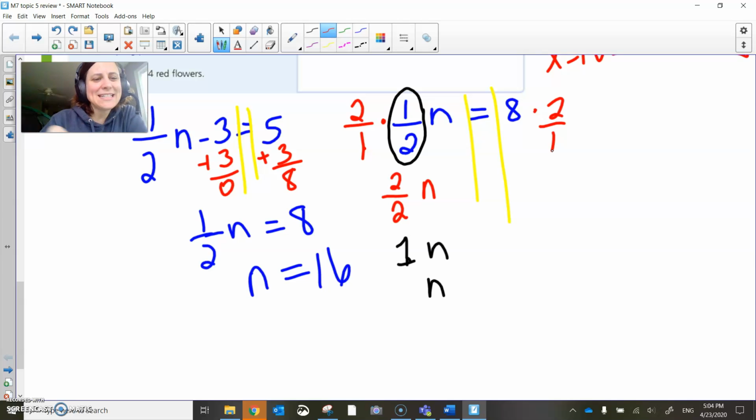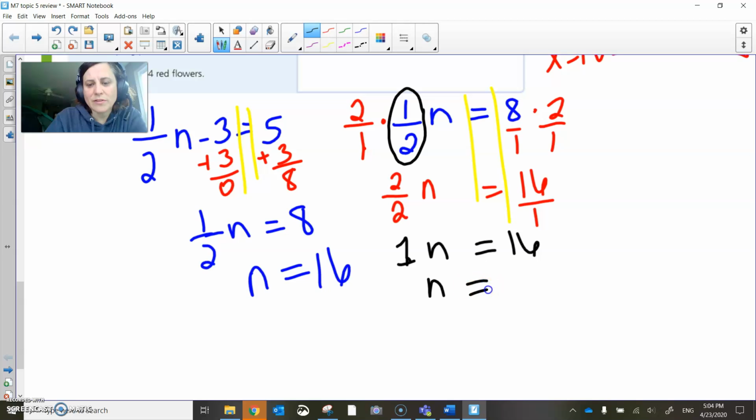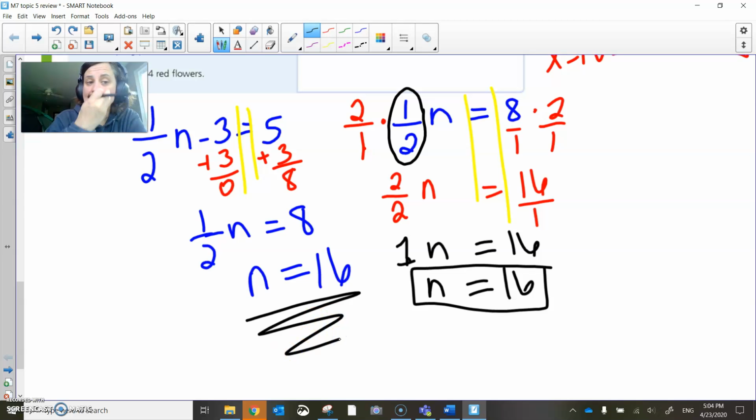Multiplying fractions, easy peasy. You make them both look like a fraction and you go straight across. 8 times 2 is 16. 1 times 1 is 1. And 16/1 reduces to 16. So what we have just figured out is the value of n is 16, which is what you told me it was going to be over here.